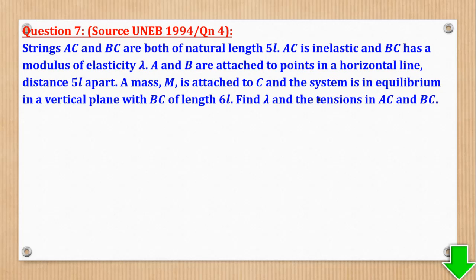So there are two strings, one is inelastic, the other one is elastic. In equilibrium, the one which is elastic, the stretched length will be 6L, meaning that if original length is 5L, it implies the extension will now be L, as simple as that. So let's first illustrate.